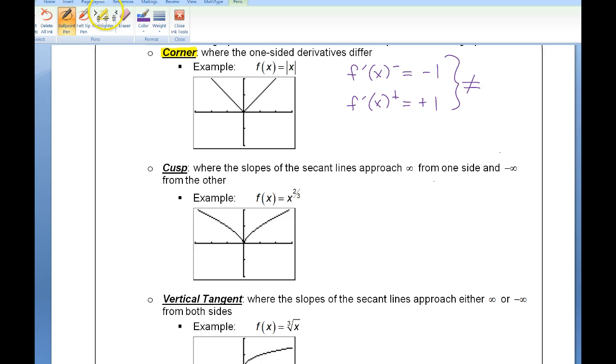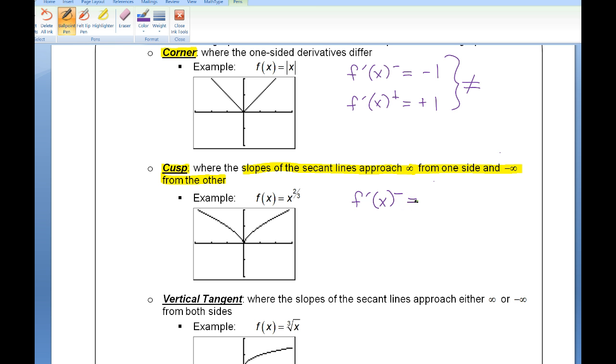So cusp, think of the top of a heart where it goes in and then the curve goes inward. This is where the slopes of the secants approach infinity from one side and negative infinity from the other. So basically what I'm saying is the derivative of the function from the left.